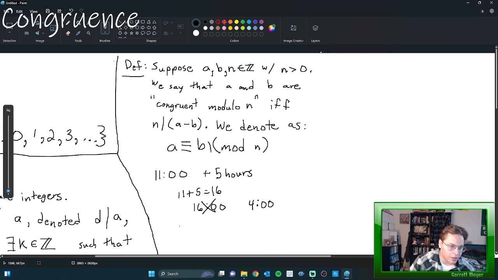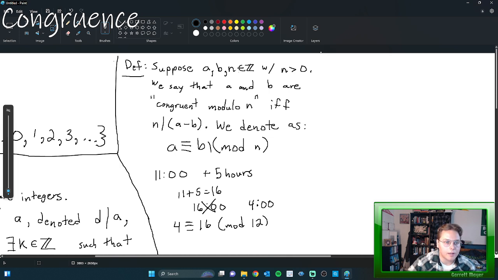And the reason for this is because we express time in a modulo 12 world, basically. In other words, 4 is congruent to 16 mod 12. So expressing 16 o'clock and 4 o'clock is the same thing in this modular 12 world.